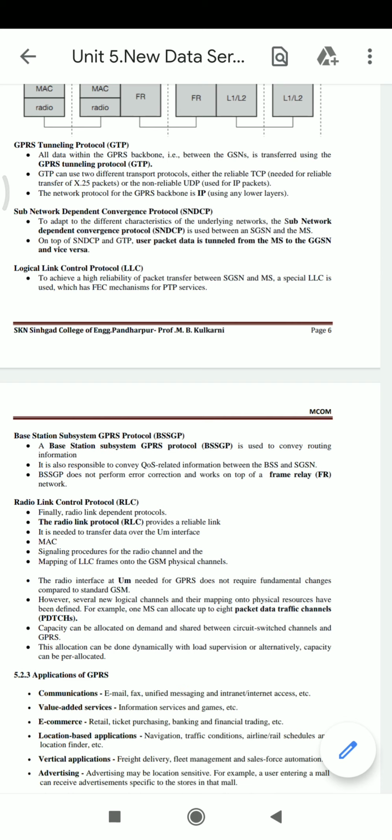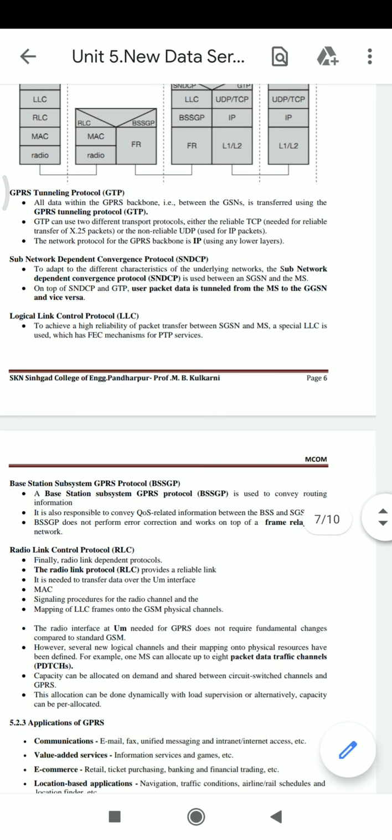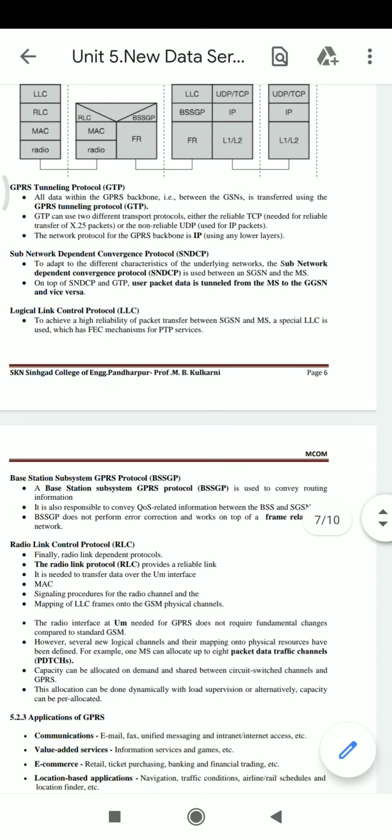It is needed to transfer the data over the Um interface, which is between the mobile station and base station subsystem. Another responsibility of this protocol is medium access control: whenever multiple users are interested in transmission, the effective medium access control is done by this radio link control protocol.